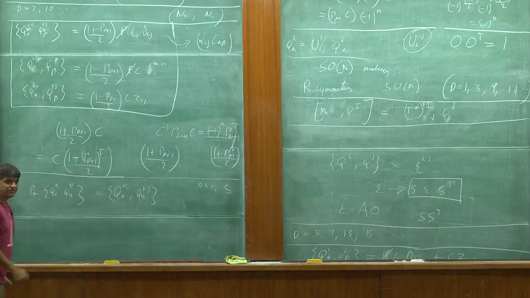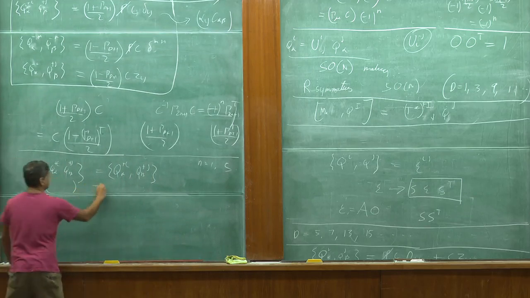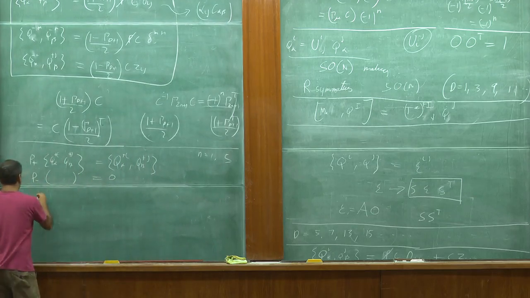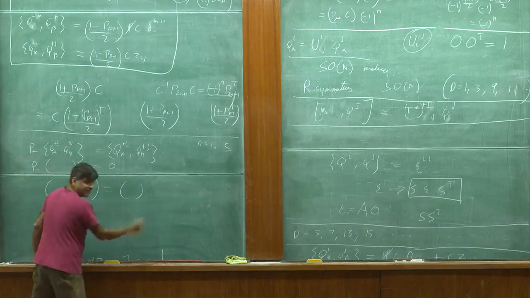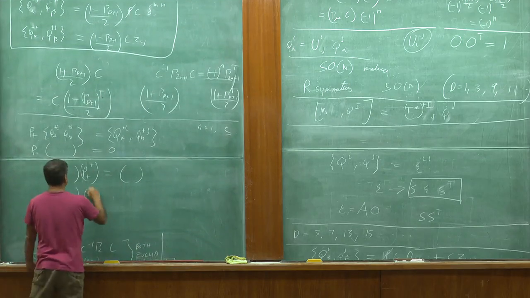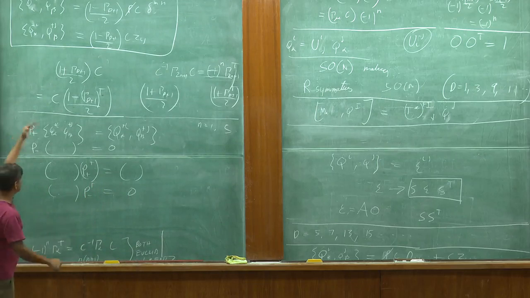This is true by definition. On the other hand, P minus on the same object is equal to 0. We also know that this object times P plus transpose is equal to the same object, but the same object times P minus transpose is equal to 0. This follows from definitions.